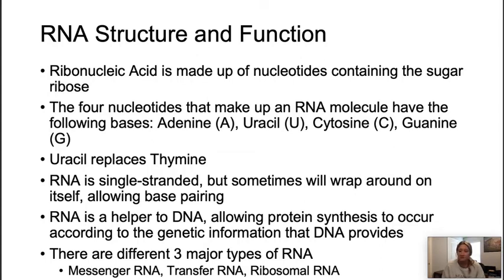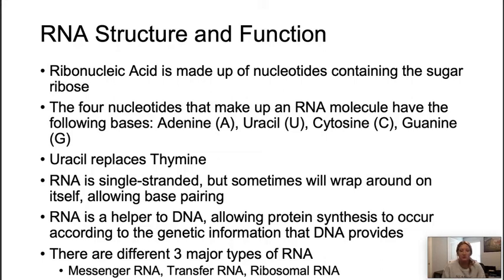And the reason there's four is because remember we're going to have different nitrogenous bases. So we can have adenine, uracil, cytosine, and guanine for those nitrogenous bases for an RNA molecule. Now you might be thinking, what happened to thymine? Well, uracil actually replaces thymine whenever we are looking at RNA.